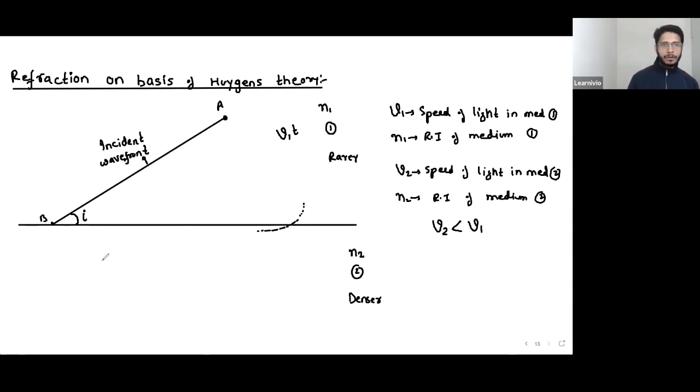So you take another arc. Obviously, the radius of the arc would be less, because in the second medium speed is less, and then you draw this tangent. This is your refracted wave, and this is your angle of refraction. This is the angle of incidence.